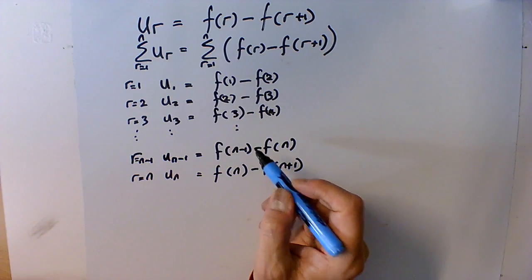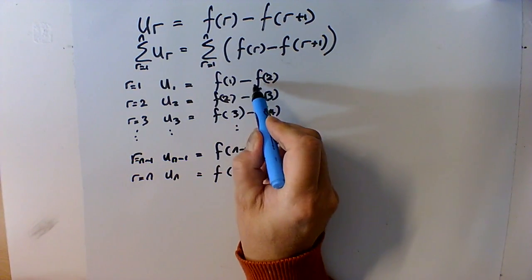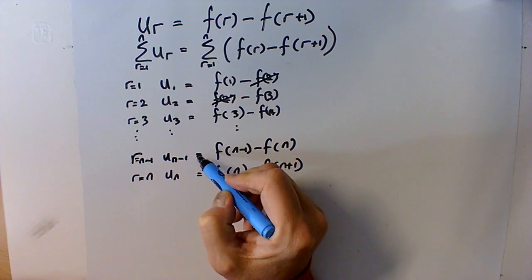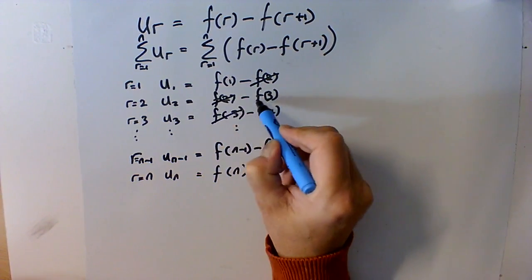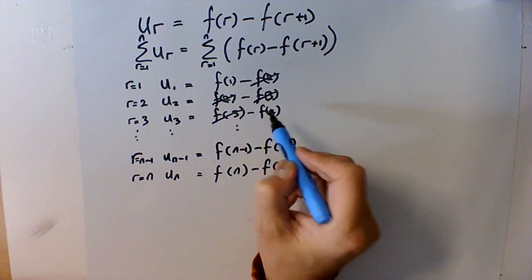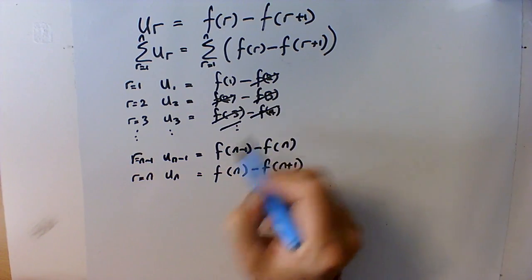But if we look carefully here, we can see we've got f of 2 and minus f of 2. So we can cancel those two out. We've got an f of 3 and a minus f of 3. We can cancel those two out. We've got a minus f of 4 here, and we would have an f of 4 there.